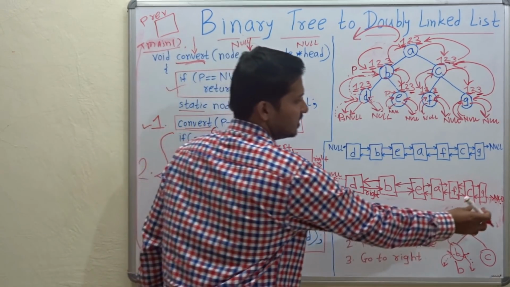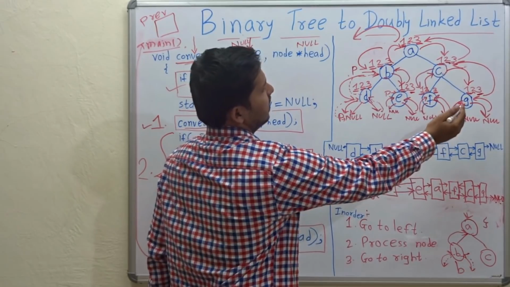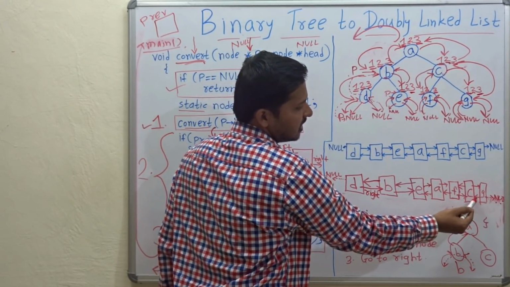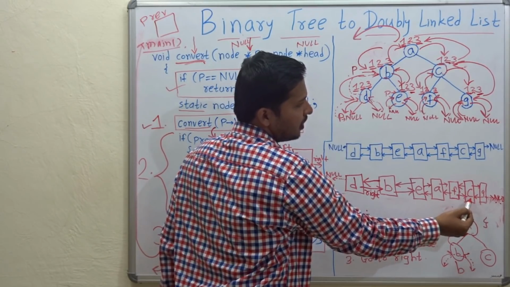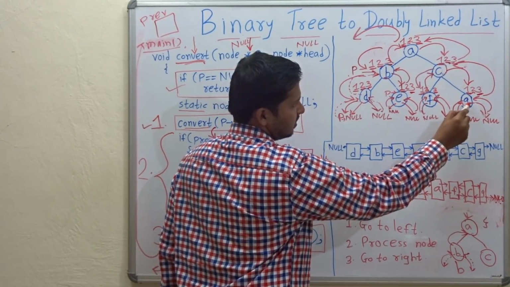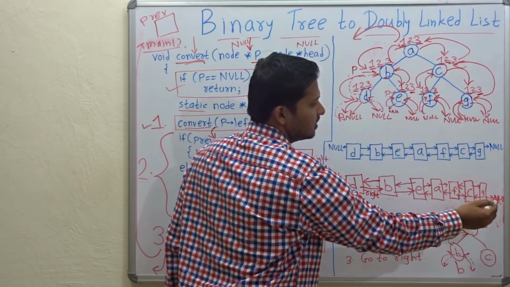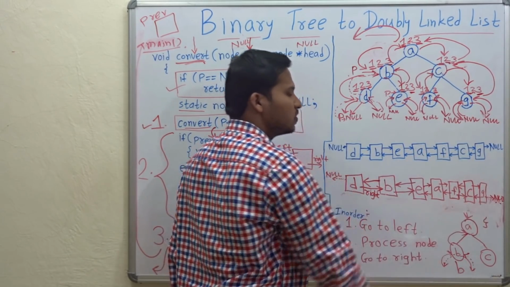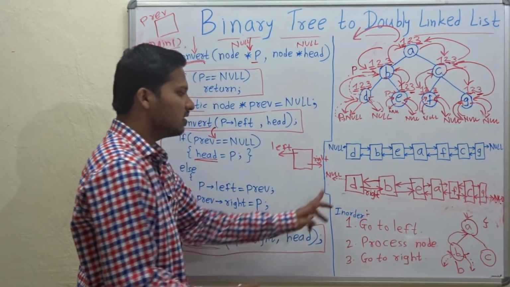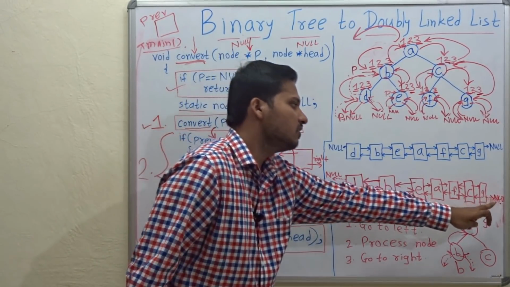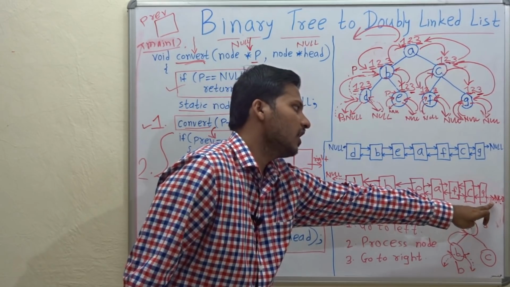And for this node, see, for G, the left pointer is changed. This left pointer is pointing to C, but the right pointer is not changed. It was pointing to null already, and now also it points to null because we have not changed those pointers. Left pointer for the head node and right pointer for the last node.